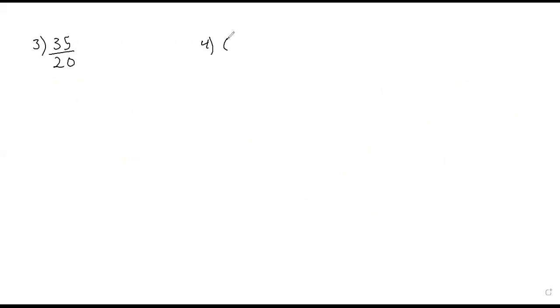That would be 65 over 32. And let's write another one, number 5, that would be 72 over 18. If we want to write this as a mixed number, we need to divide.